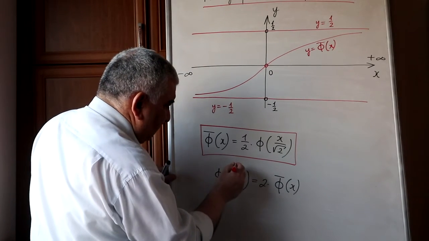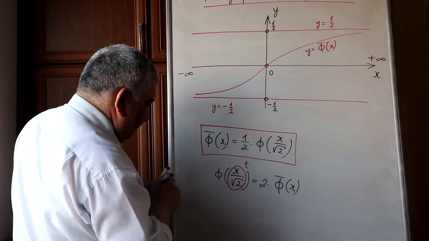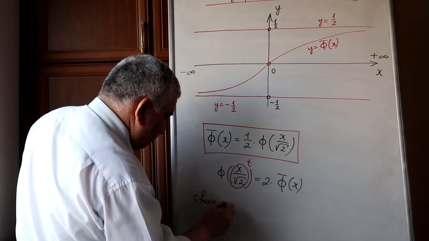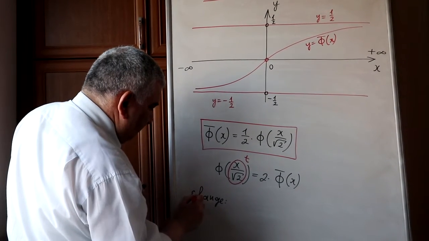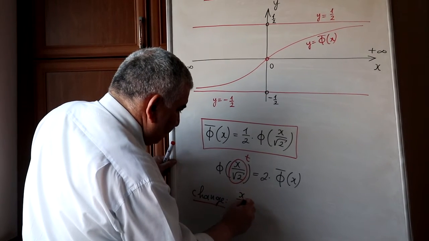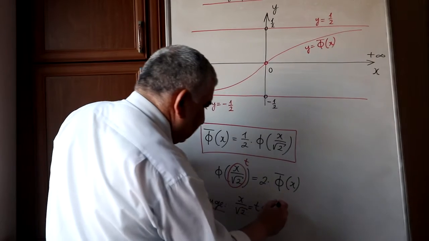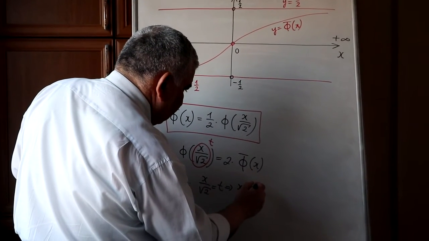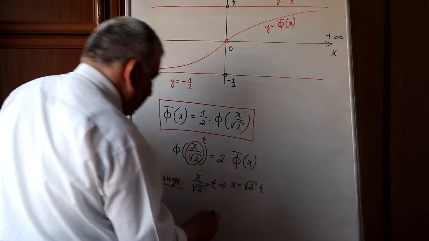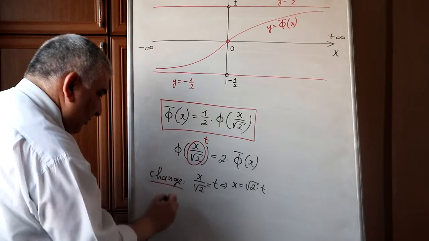Let x over square root of 2 be t. Then x is square root of 2 t. Apply this change to the last formula.